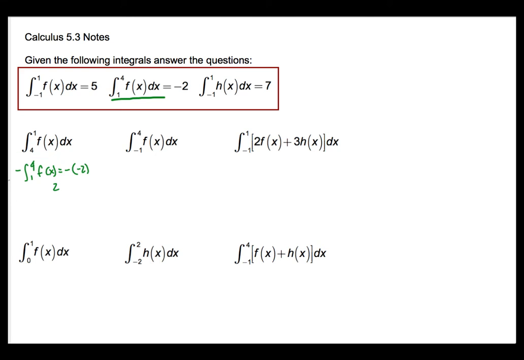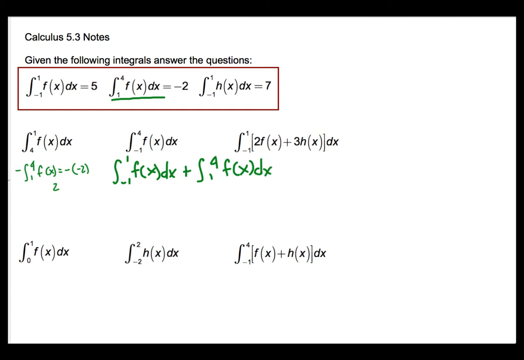If I go from negative 1 to 4, then that's the combination one here. So I go from negative 1 to 1, and then I go from 1 to 4. And so what I can do is add those together. So I can take this function from negative 1 to 1 of f of x dx plus the function from 1 to 4 of f of x dx.